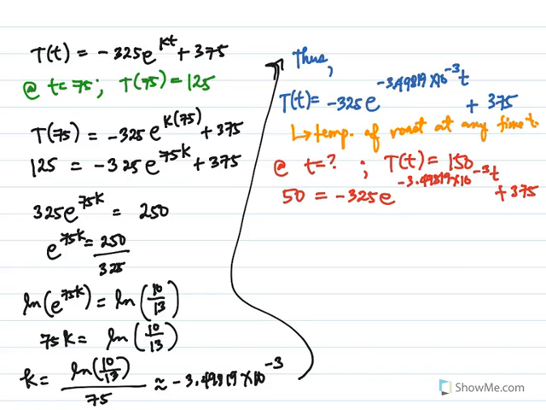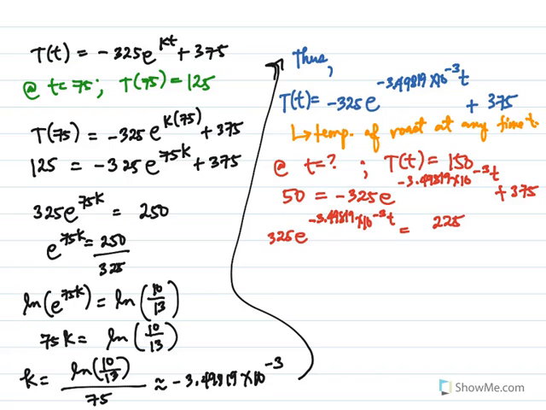Okay? So, transpose ulit natin dun sa left side yung may negative. So, magiging positive siya, 325 e to the negative 3.49819 times 10 to the negative 3 t is equal to 375, tapos i-minus mo yung 150, that will be 225.